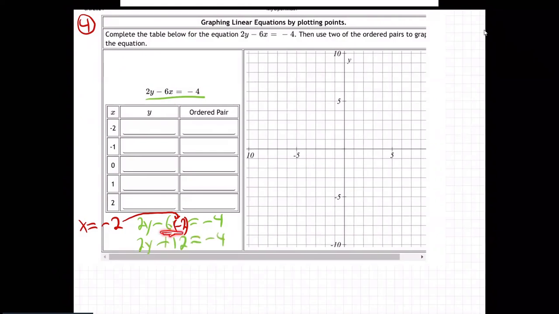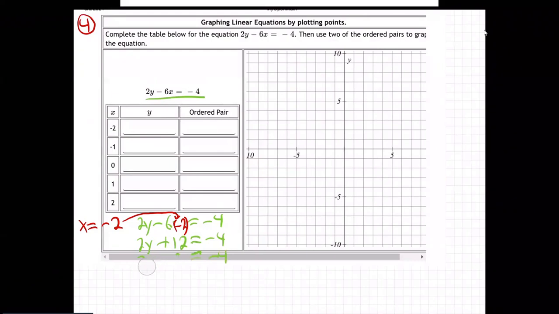So does everybody see what I'm doing right now? I just took the first X value and I'm plugging in that X value into the X slot. And then I'm just going to solve for Y. So we get 2y plus 12 equals -4.